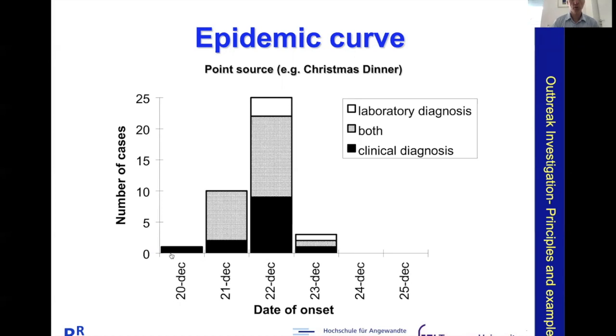This was a Christmas dinner, just before Christmas in late December, in Rotterdam, where I used to work some years ago. A whole company had a Christmas party with traditional Dutch food, which they call Oud-Hollandse maaltijd, a very traditional Dutch dinner. If you translate it literally, it means old Dutch dinner. Maybe it was a bit too old. And some of the components caused this outbreak. Typical point source.